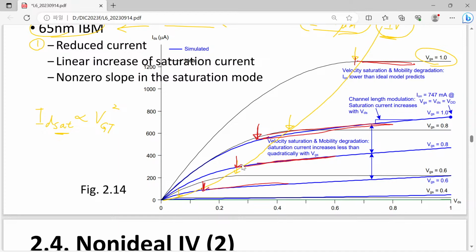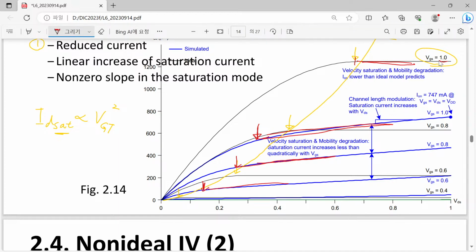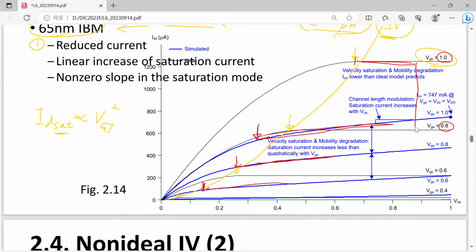Well, when you have a look at this one, between 1.0 volt and 0.8 volt, previously in the case of our long channel device description, the difference was somewhat large, and when we compare the difference between 0.8 and 0.6, please have a look at it.